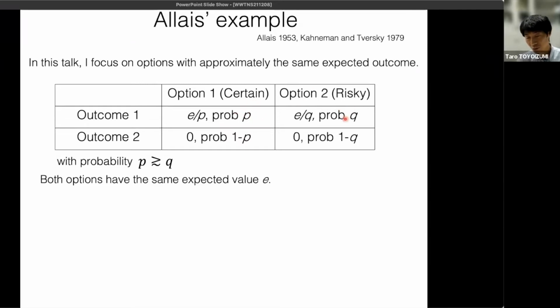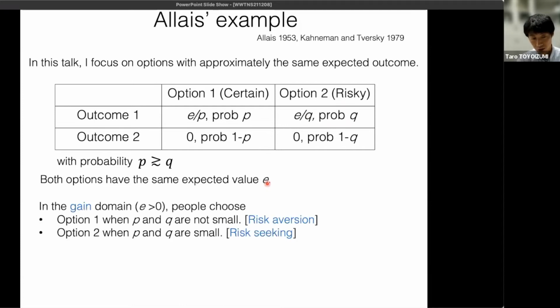And option 2 is a more risky option. The reward probability is lower, but the reward amount is higher. So it's more high risk, high return. Both options have the same expected value of E. So which option do people take?